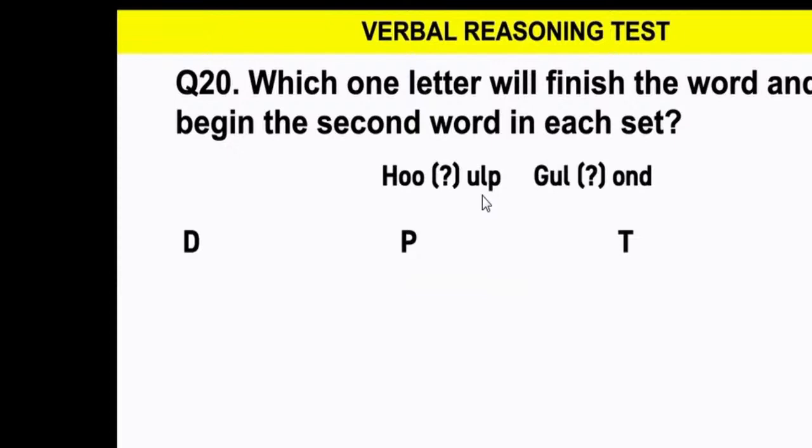What about the second one? If we put P here, we'll be having group and pod. Okay. Yeah, P can work. Is there any other letter here? I think there is no other letter.